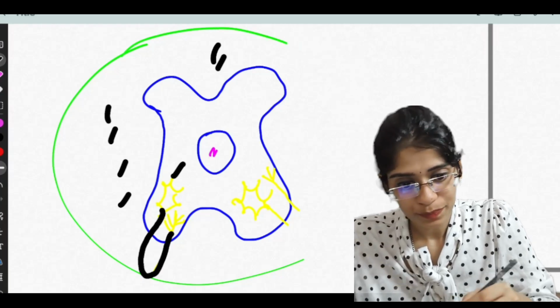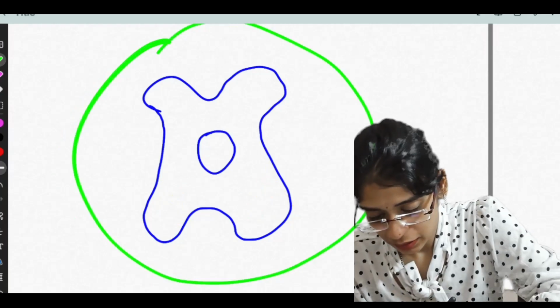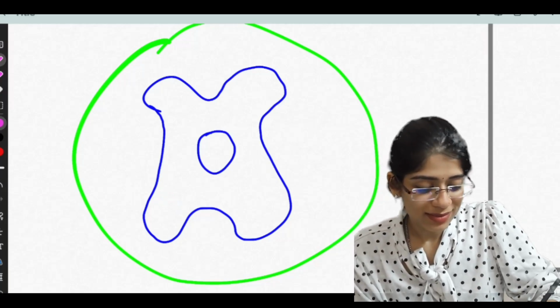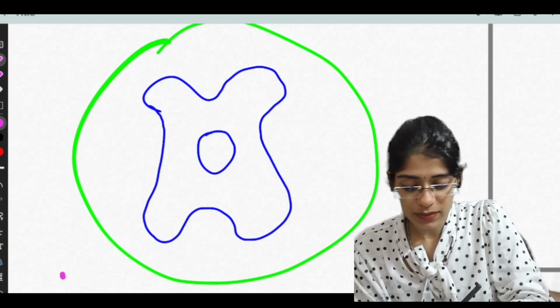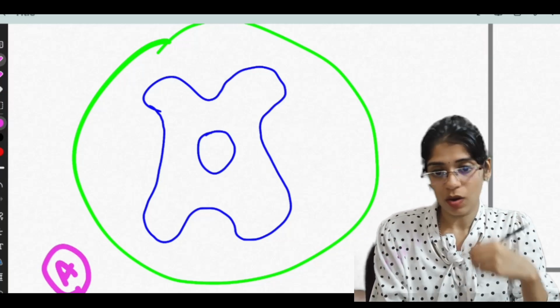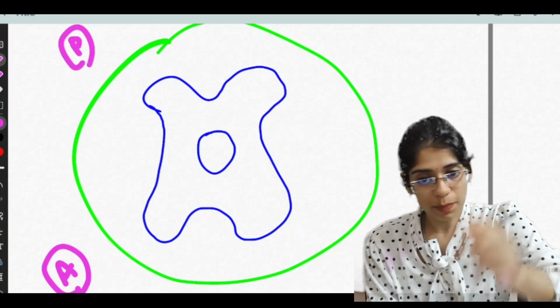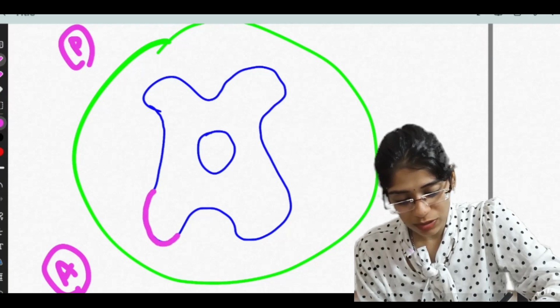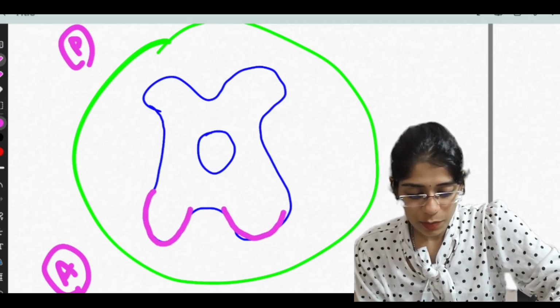And guys, in grey matter, I want to tell you one more thing. In the grey matter, you have projections. Suppose this is the anterior part of the spinal cord, and this is the posterior part. In the grey matter, you can see this projection here. It looks like a projection.